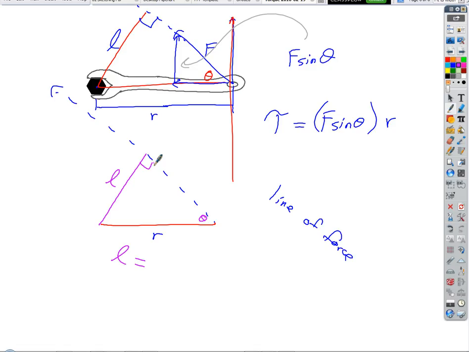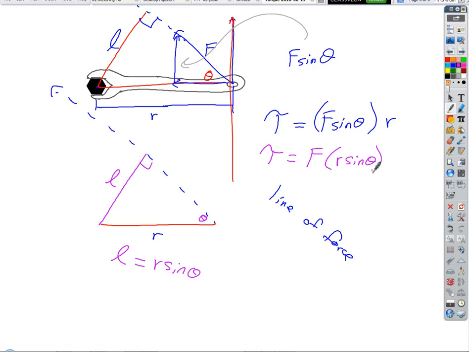So what's that going to be? It's going to be a sine issue again, isn't it? That component's going to be R sine theta, right? So there's another way we can look at this, and they're completely equivalent is what I want to show you. So we could also write the torque equation as the whole force times the lever arm, which is R sine theta.